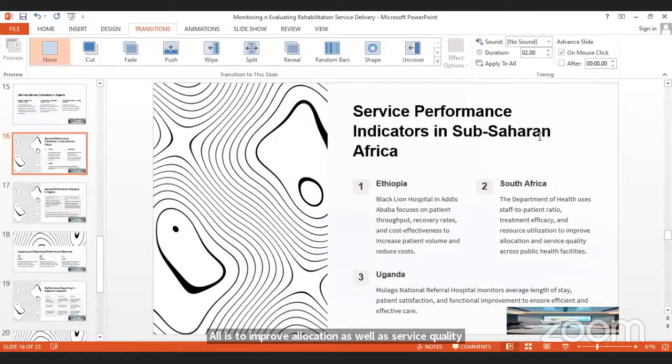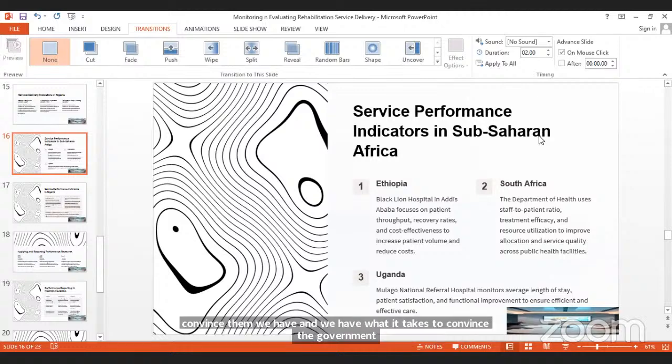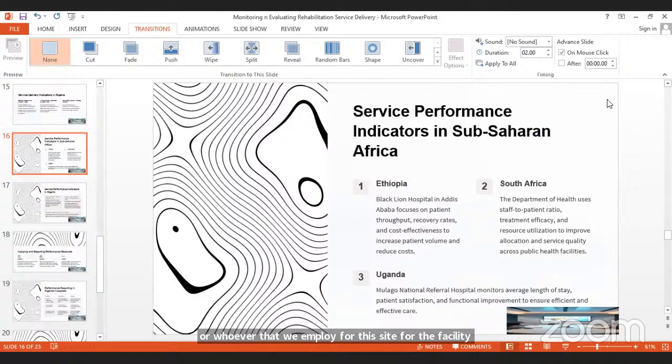Just like I said, if we can show this facility has 101 clients, then when the government comes to employ, we have what it takes to convince the government or whoever may employ for the facility to employ more hands, so that the efficiency will be there, and that will give the patient the qualitative service they may require.